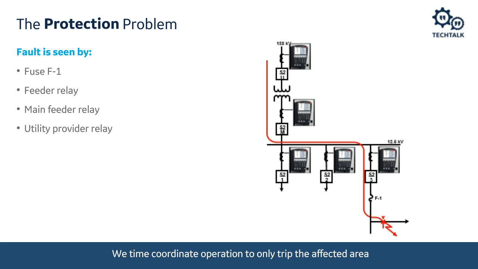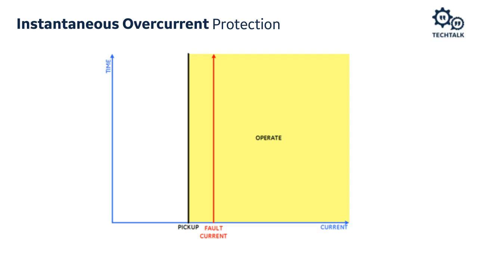Now, on all of these types of protection that I'm about to mention, I'm talking about the intentional time delay. There's also a time delay to clear the fault for the actual operation of the breaker. So the breaker is probably sitting there as a 3-cycle breaker, so there's that time to actually clear the fault as well. Also, even with an instantaneous overcurrent, we have no intentional time delay, but there is some time for that element to operate.